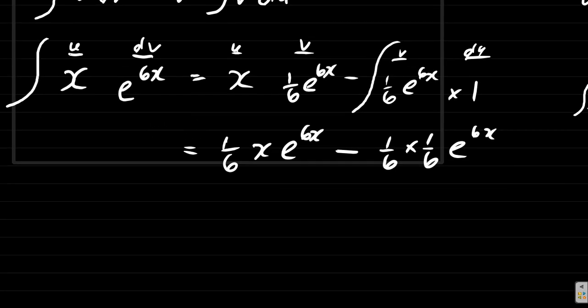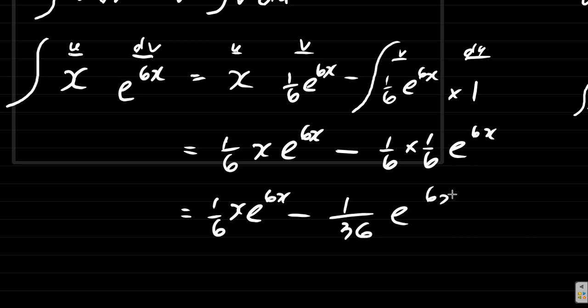So, what you have here now is 1/6 x e to the 6x minus 1/36 e to the 6x plus c. So that would be your solution.